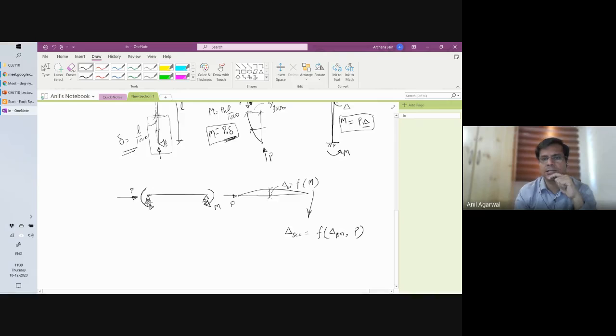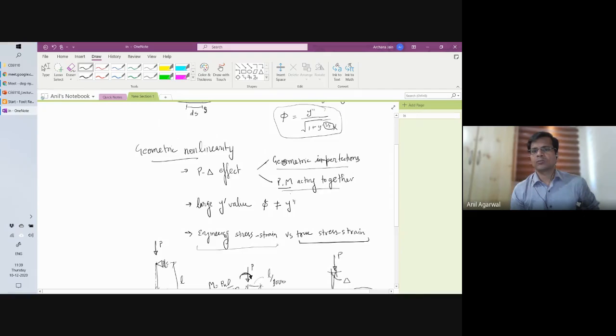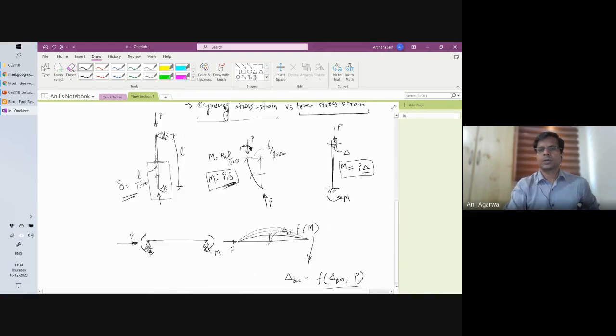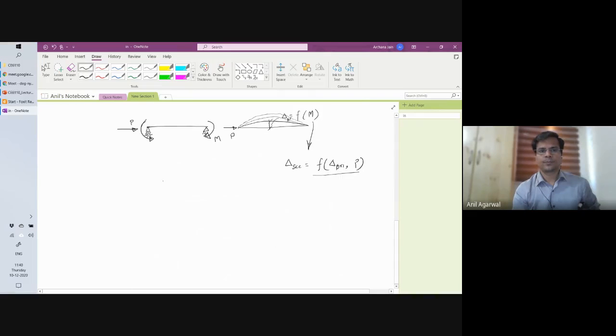Because as P increases, your moment demand changes, and that will introduce additional deflection. So this deflection keeps getting amplified because of an increasing value of P. So this is also one type of geometric nonlinearity, because of P and M acting together. If instead of P, it was T acting on the column, that is a tension force.